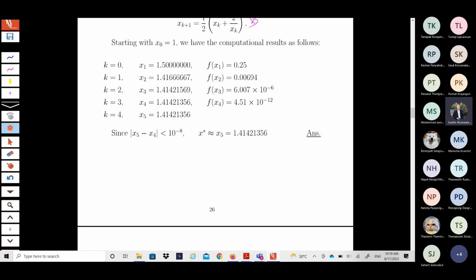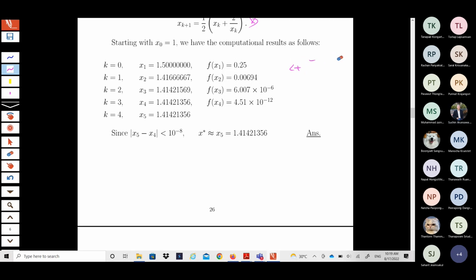Then we do another iteration. To see whether this converges or not, there are two indicators.